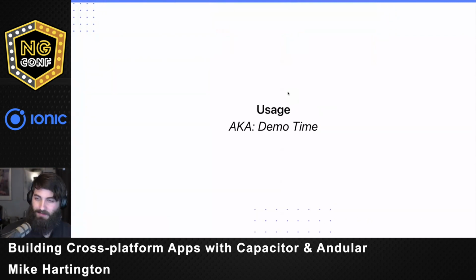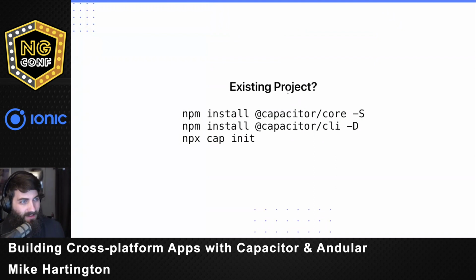So let's go to the slides again and just wrap up what we did here. If we had an existing web project and we wanted to add Capacitor to it, all we would do is run the npm install command for the Capacitor core library and the Capacitor CLI, and then run npx cap init. This will give us all of the configuration for a fresh project.